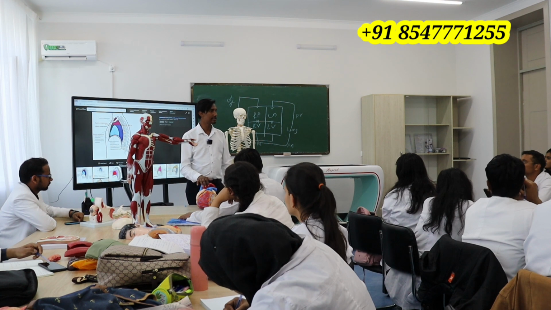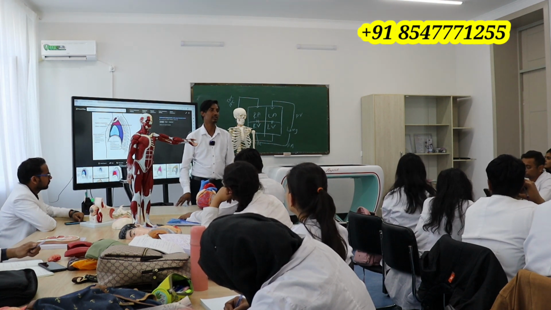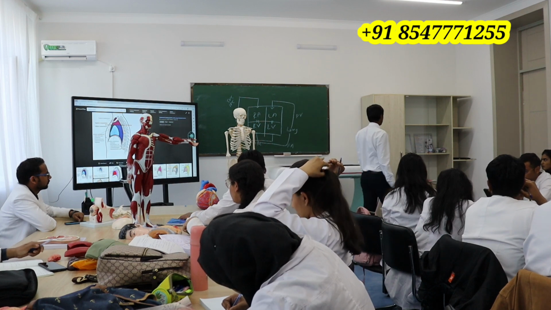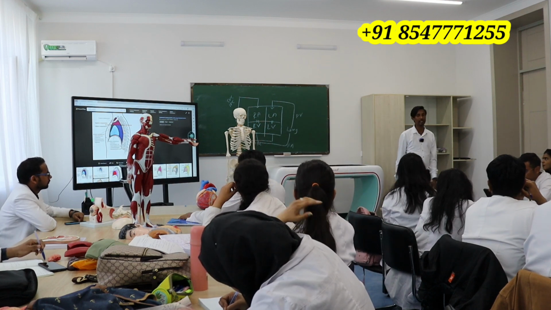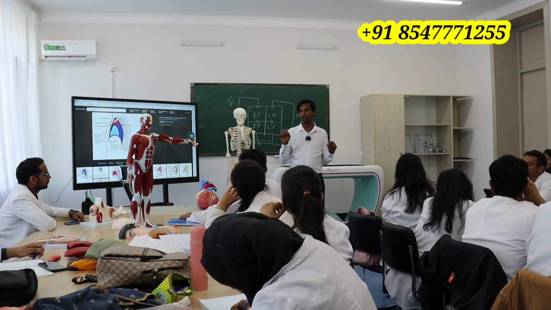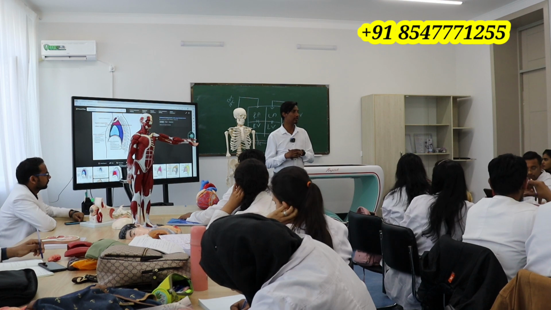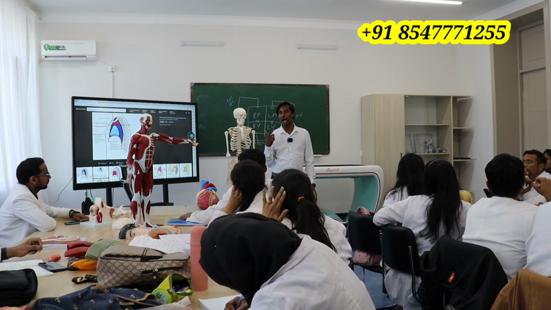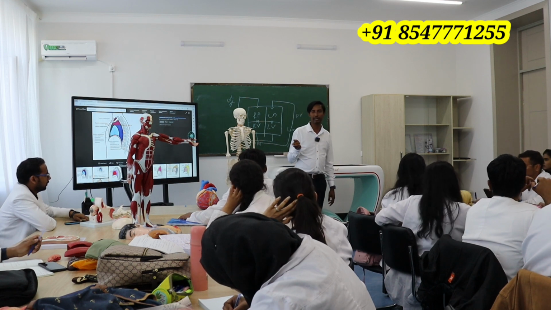Then about the coronary circulation, right? For the functioning of the heart, we need blood supply to the heart also. That's provided by the coronary circulation. From the bulb of the aorta, 2 arteries emerge, the right and left coronary arteries. There are 2 branches of the left coronary artery, the anterior interventricular artery and the circumflex artery.